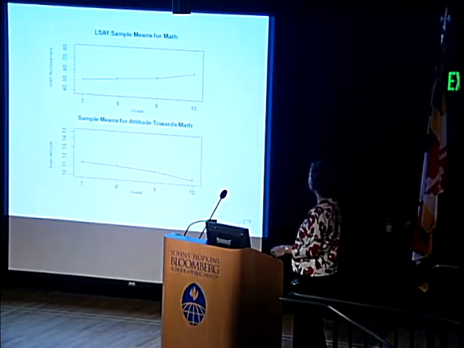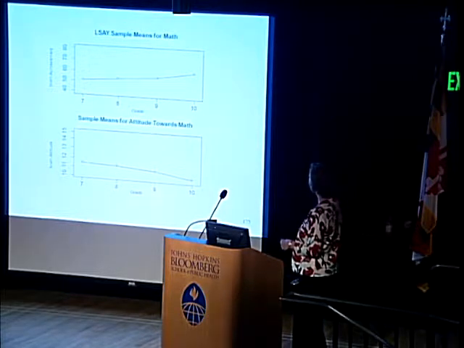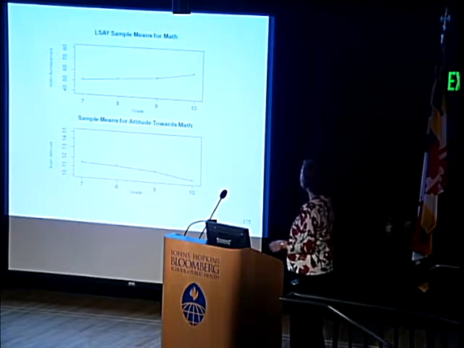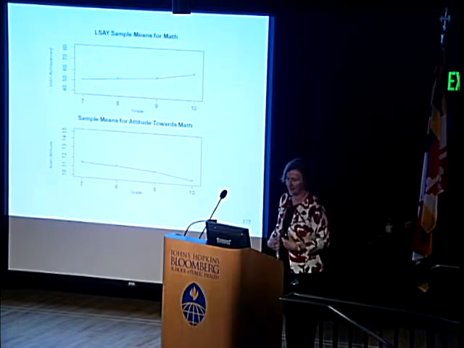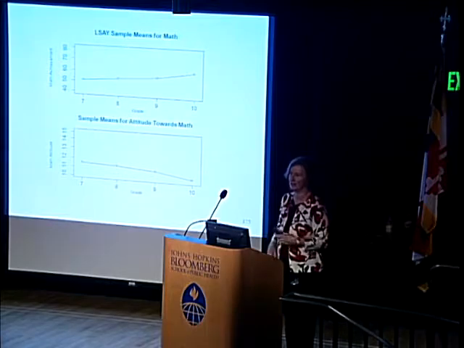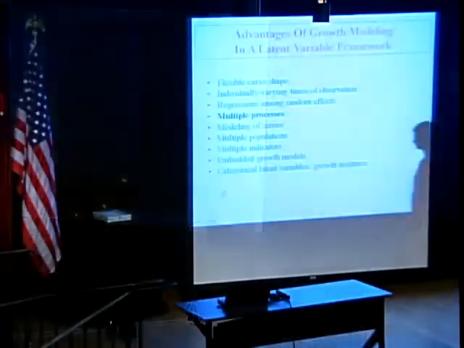So the person's attitude toward math decreases, and it looks fairly linear, although we did find a free time score model, at least for the later grades, worked well for grades 7 through 12. So what we were interested in doing was getting a good growth model for both of them, and then, once we have that, estimating the parallel process growth model.